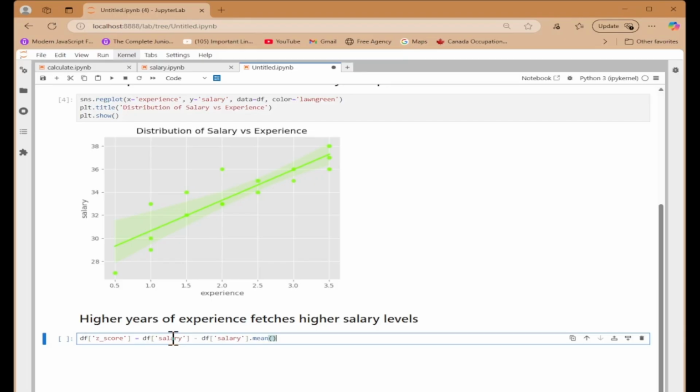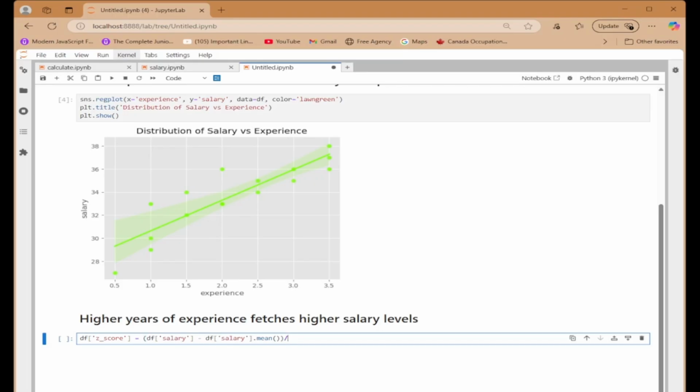Let's make sure I am putting the parentheses in this so that there is no confusion. That mean, divided by the standard deviation.